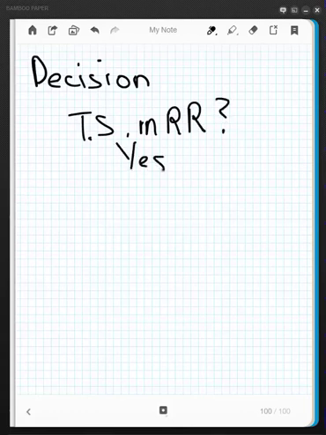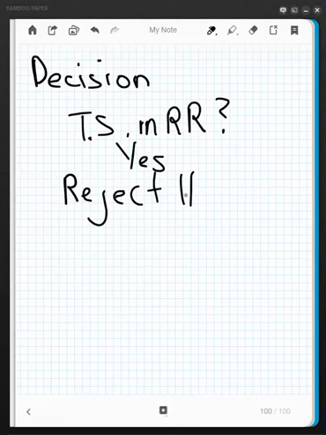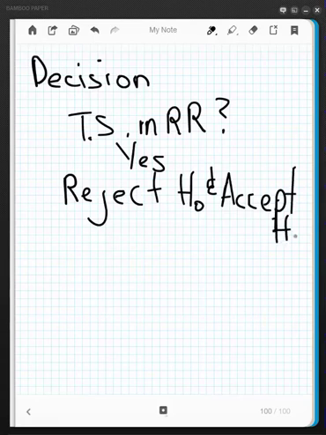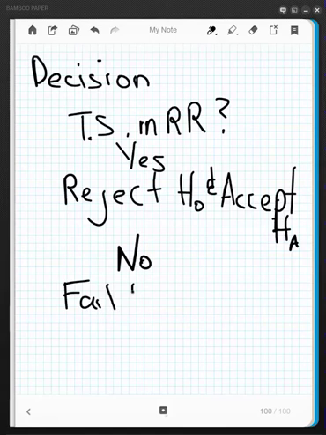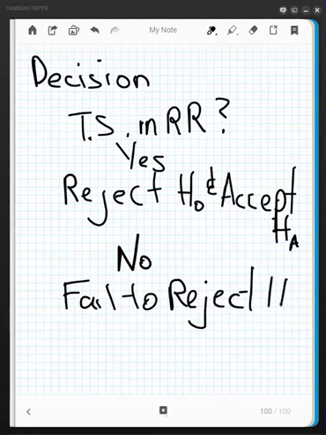If the answer is yes, then we reject H0 and we accept HA, or H sub 1, whichever one you want to call it. And if it doesn't, then we fail to reject the null hypothesis. Period, end of sentence. That's the only thing that you decide.